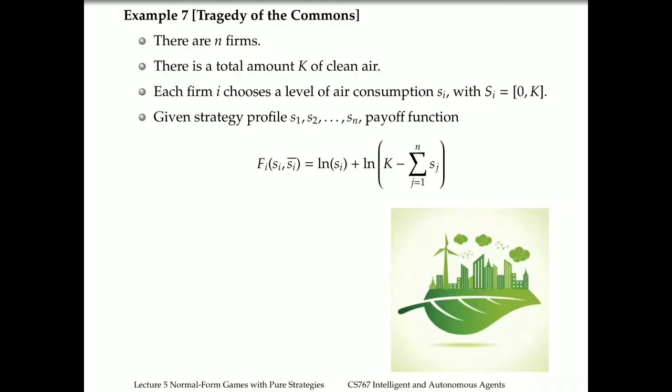And there's a total amount of natural resources. So the natural resources is not unlimited, right? But this means that each firm will need to choose a level of consumption of the natural resource between 0 and the maximum level, so 0 and K.